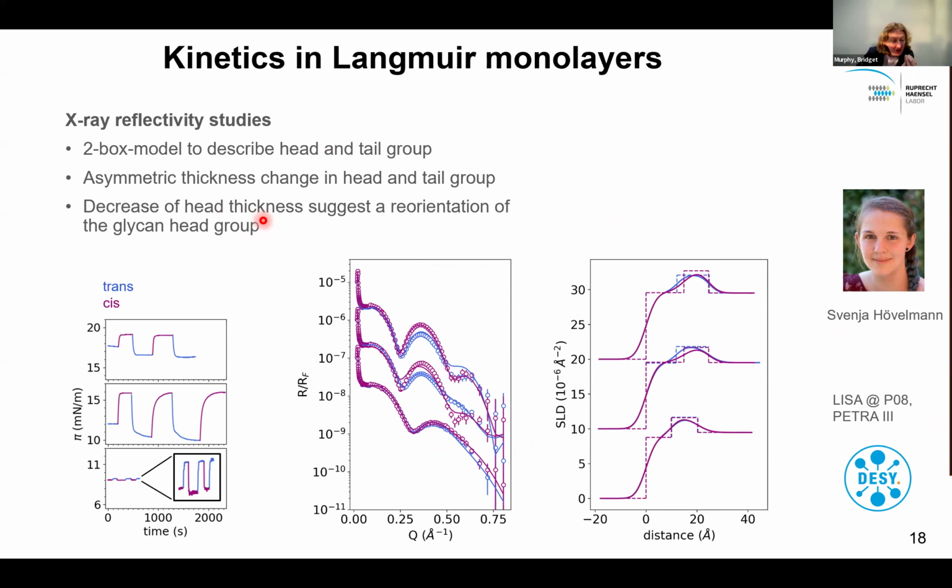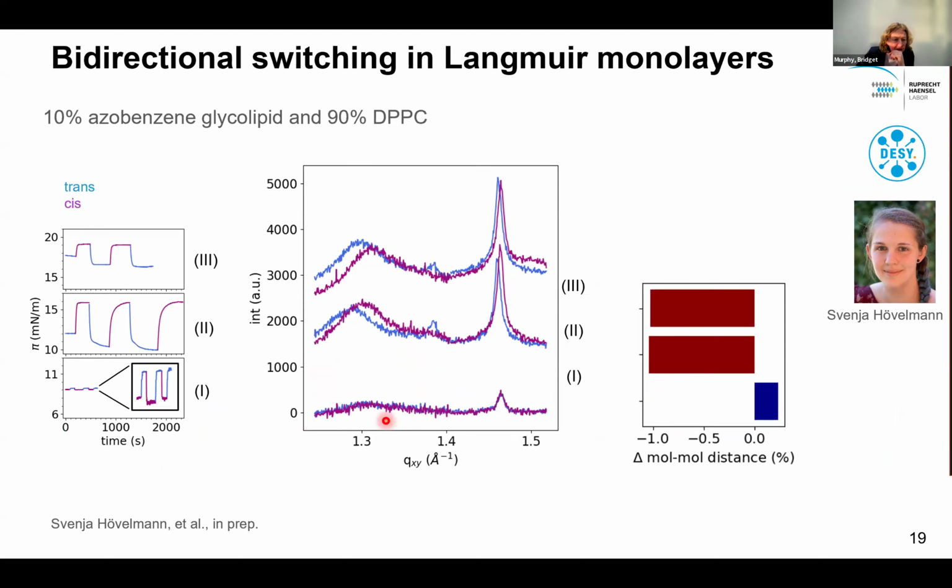She can see that there's an asymmetric thickness change between the head and the tail group, but if we look at the data really closely, we see a decrease in the head thickness, and this suggests a reorientation of the glyco head group. So this still doesn't really explain everything, and so we've been using some grazing incidence diffraction as well to try and see if it's really true that the molecules are actually moving apart from each other when we're going through the switching process.